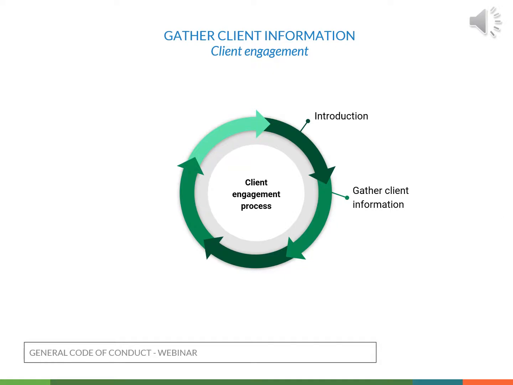The next step in the client engagement process is to obtain and gather further information from the client. The financial services provider will ask for personal information, obtain information of a client's current financial situation, the client's risk profile, and will establish the client's experience or knowledge of financial products.